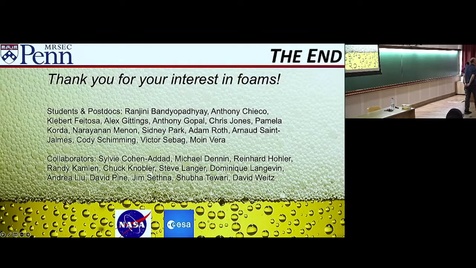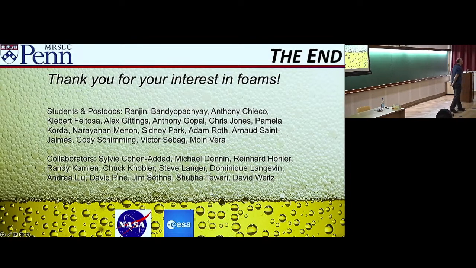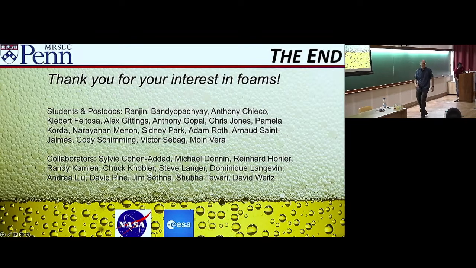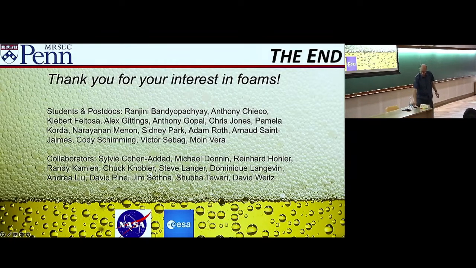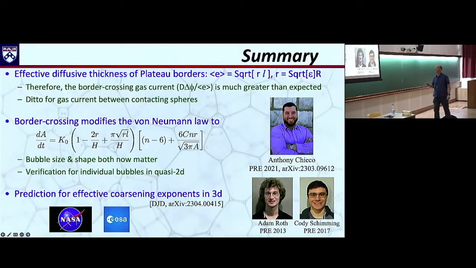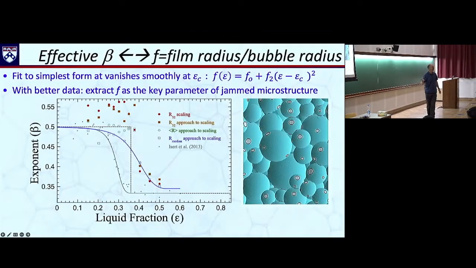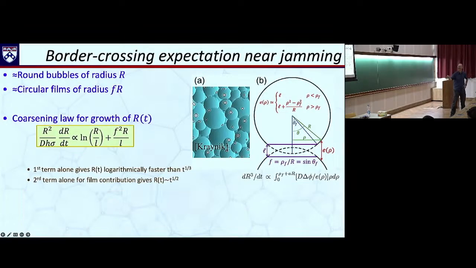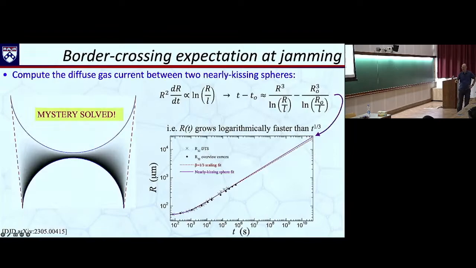Logarithmic law for the r squared dr by dt. What is the origin of the logarithm there? Yeah, so I call it border crossing physics. There we go.